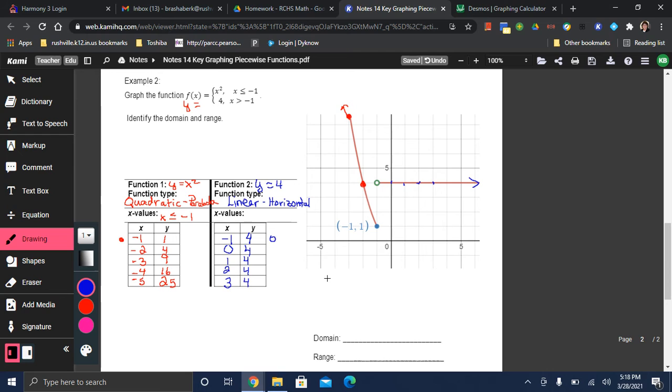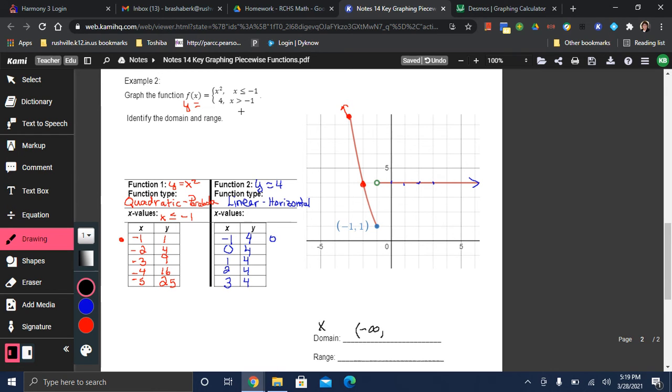So the domain for this graph, we want to look at our x values. So domain is your x's, and it says the x is less than or equal to negative 1. So all the x's less than or equal to negative 1, that's going to keep going on to negative infinity.